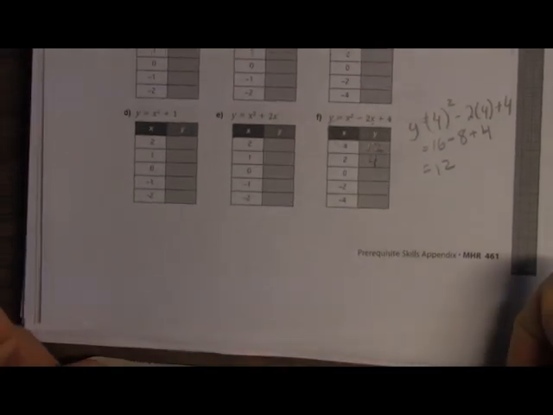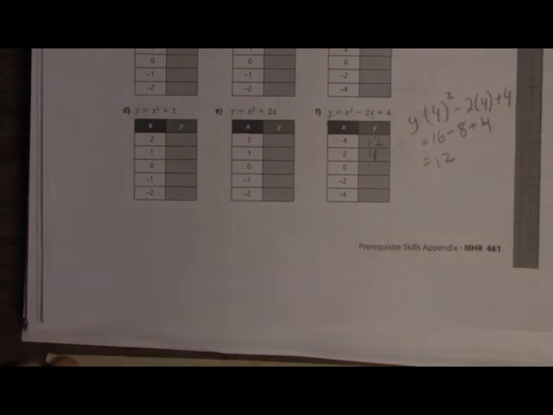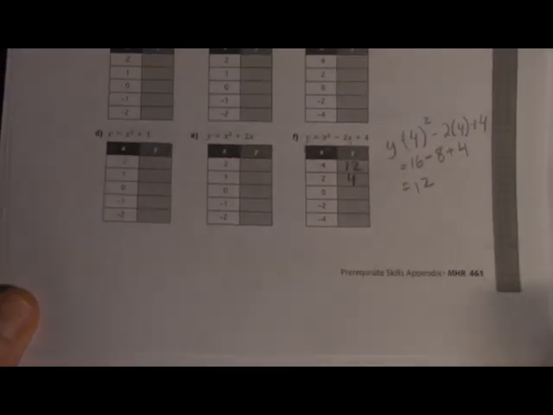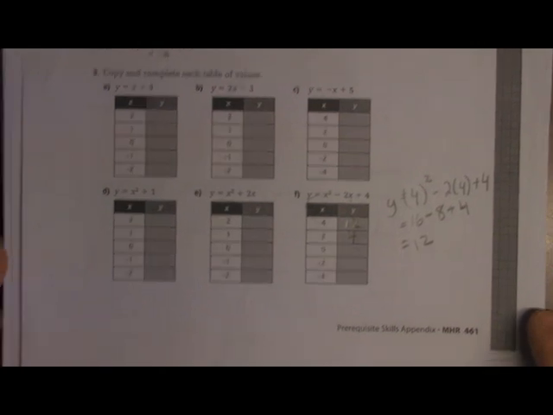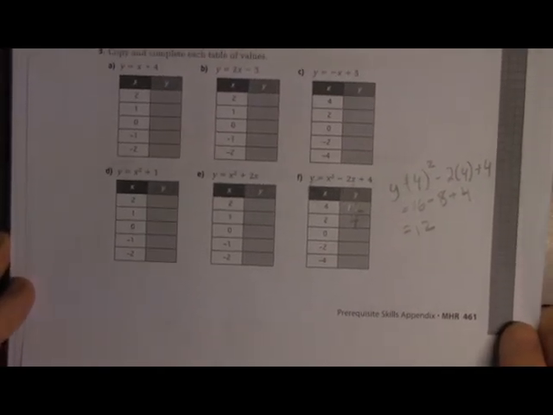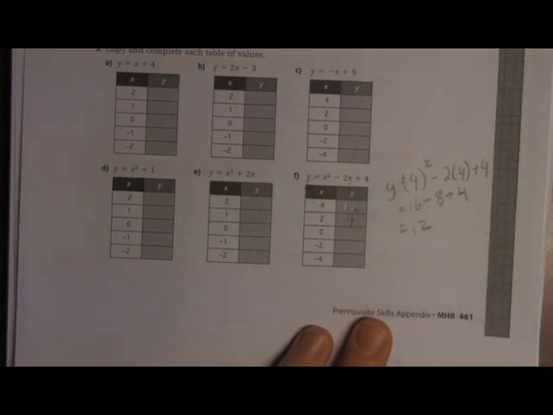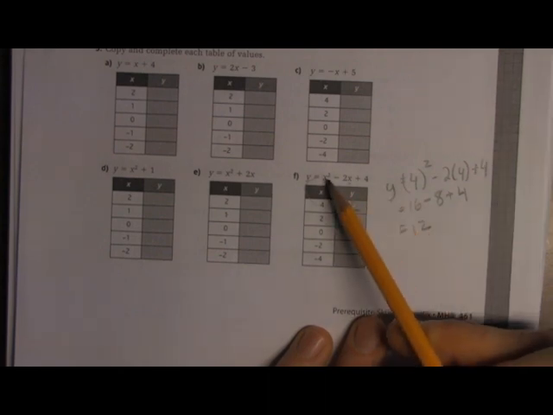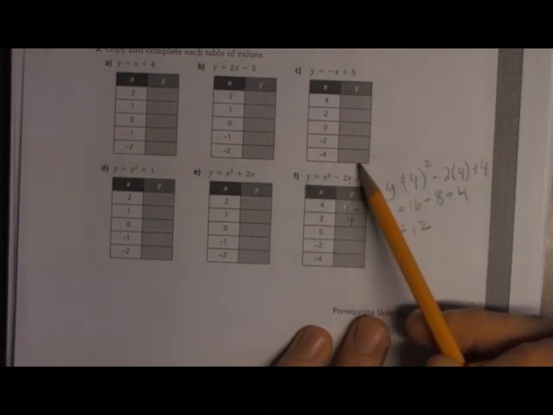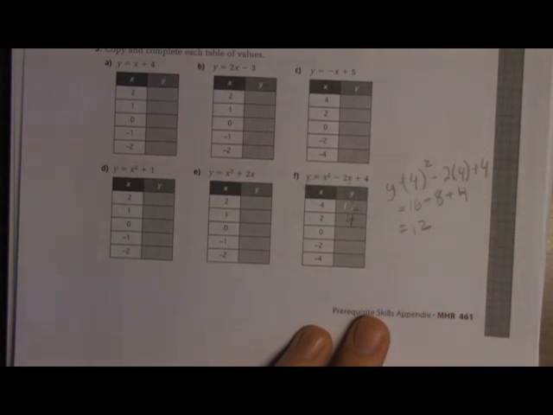Okay, 0 squared minus, just the x 0, so you don't multiply 2 by 0. Yeah. So it'd be 0 plus 4. So what do you get? So this is going to be 0, right? This is going to be 0, right? What are you left with? Plus 4. That's right.